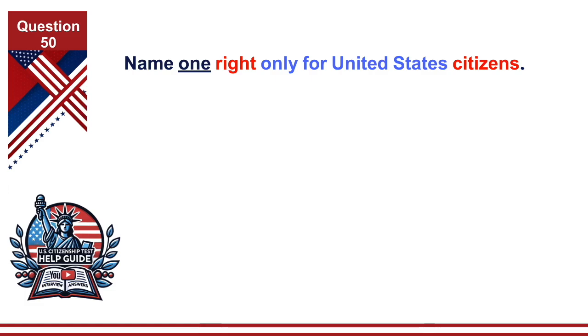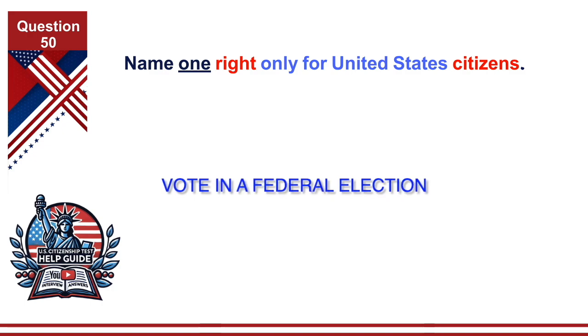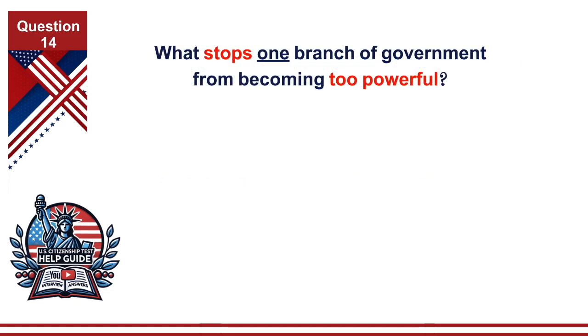Name one right only for United States citizens. Vote in a federal election. What stops one branch of government from becoming too powerful?